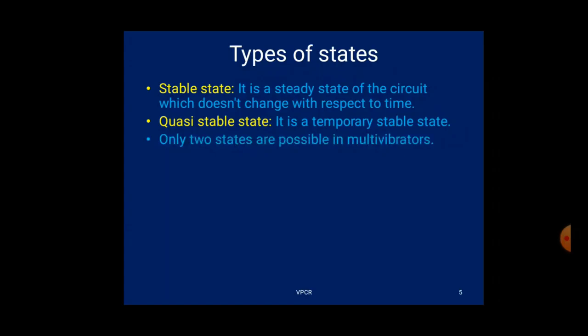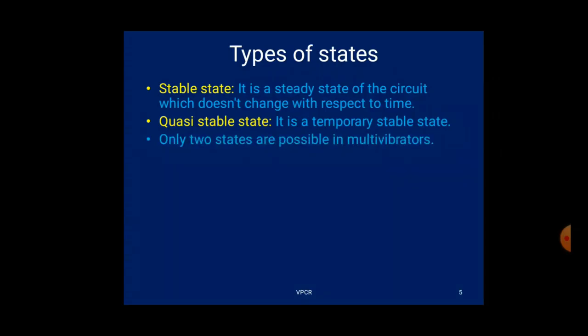From that definition we understood that a multivibrator has two transistors. When you have two transistors, each transistor might operate in three operation regions: active region, saturation region and cutoff region. So you will get more than 2, obviously more than 4, combinations.